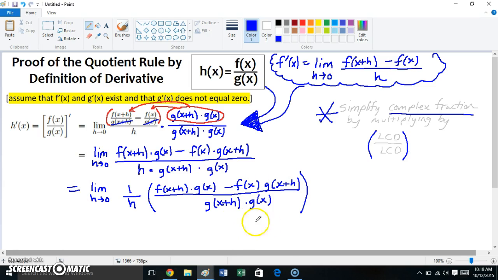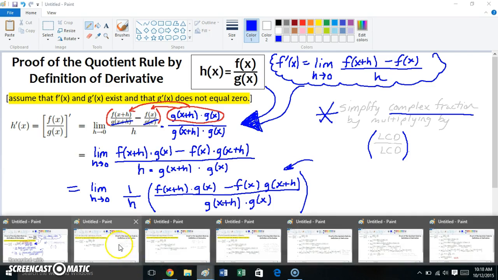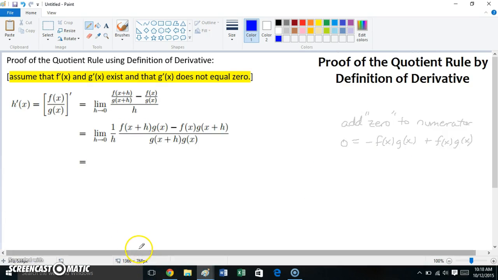Recall from our last video about proving the product rule, we had something that looked like this, and we did a little trick by adding 0. So what we're going to do is take this fraction and add 0. But 0 is going to look like negative f of x times g of x plus f of x times g of x.